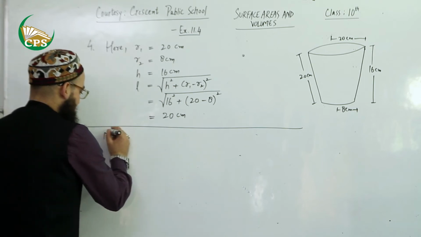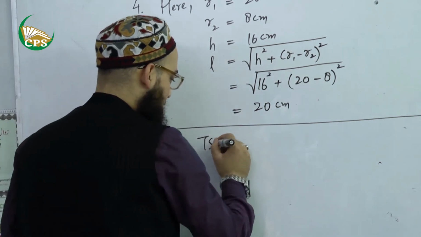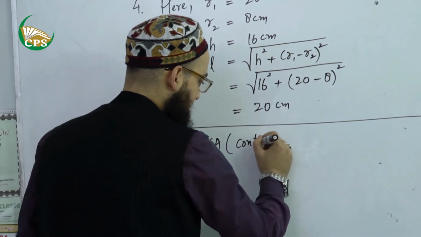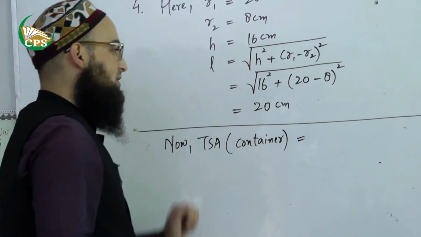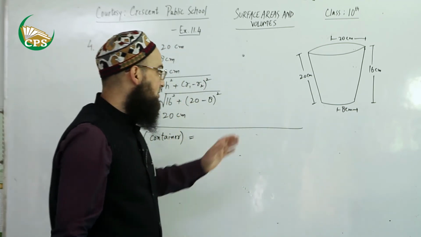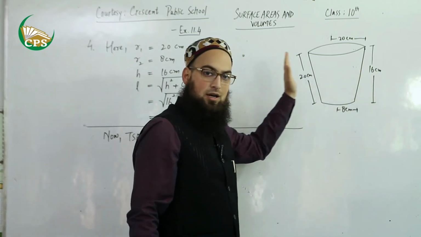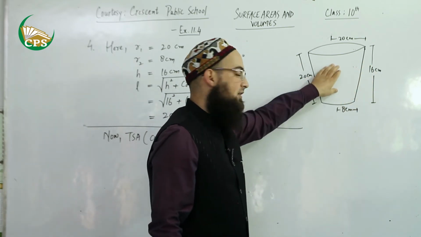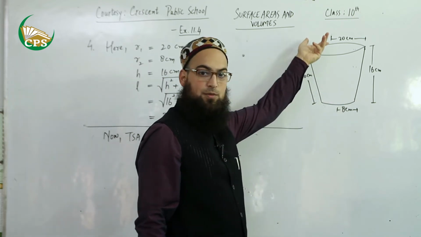Now, total surface area of container. Total surface area of container is either, again you can do it in two ways. Number one, curved surface area of this container plus area of base, because it's open from the top.